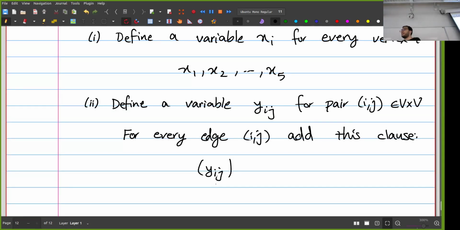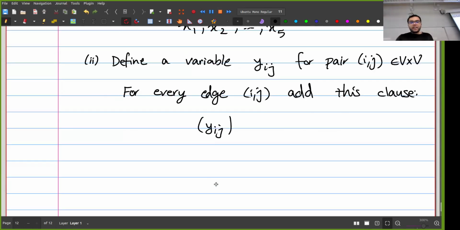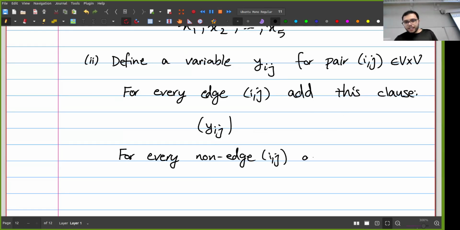Remember, in CNF SAT, I can have clauses with any number of literals. I'm just adding a clause with one literal. I'm saying that yij should be true when the edge exists. And also for every non-edge, so for every pair ij such that there is no edge from i to j, add this clause.